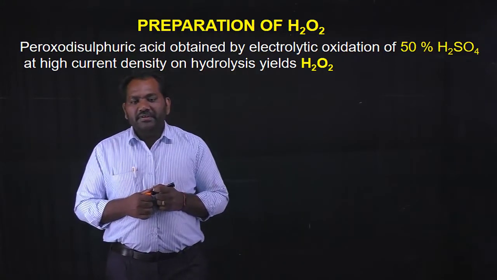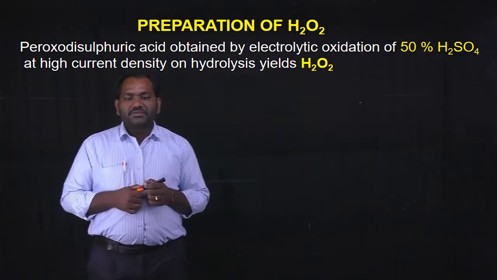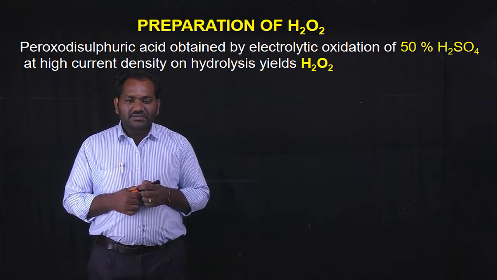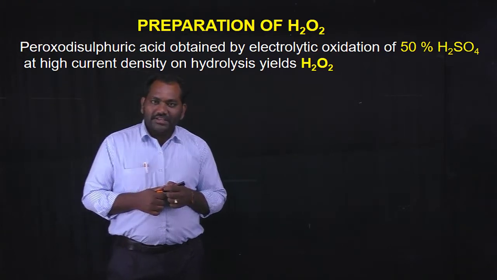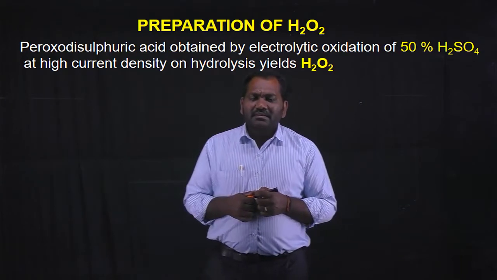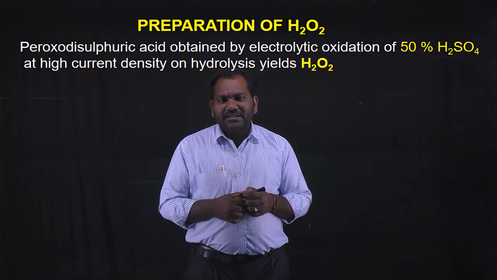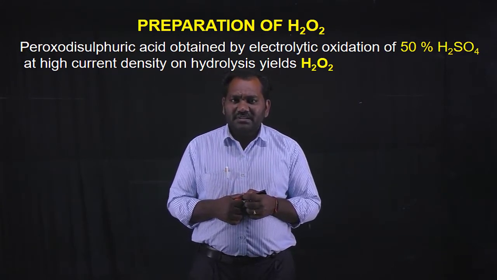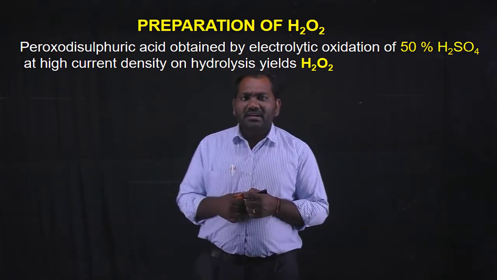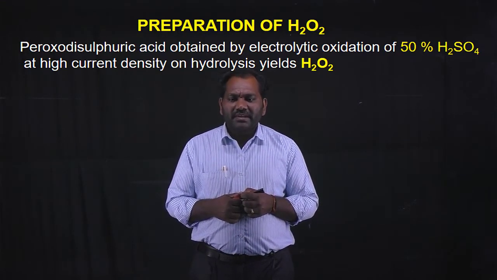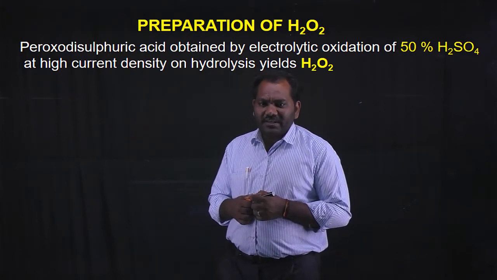Okay, let's discuss the preparation of H2O2 from 50% H2SO4 by the electrolytic oxidation method. In this method, by the electrolytic oxidation of 50% H2SO4, we will get peroxysulfonic acid.